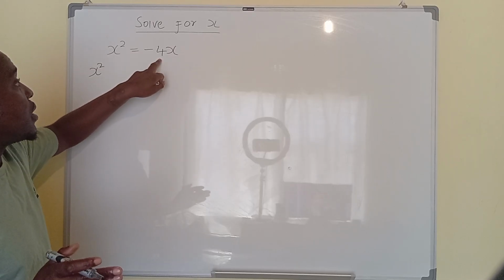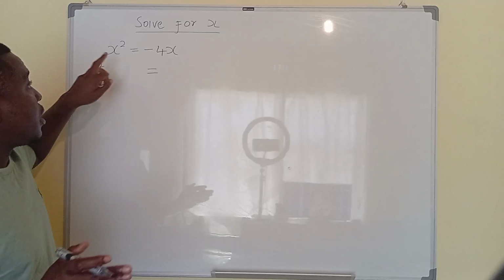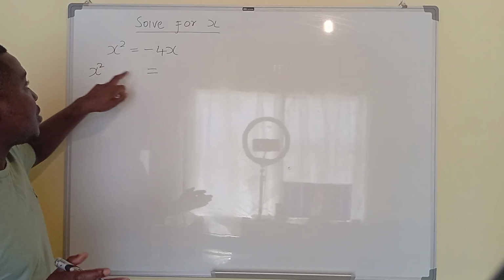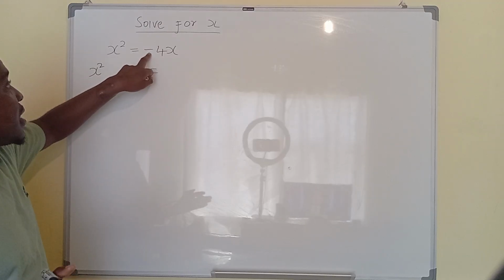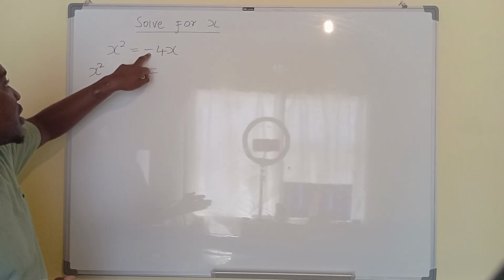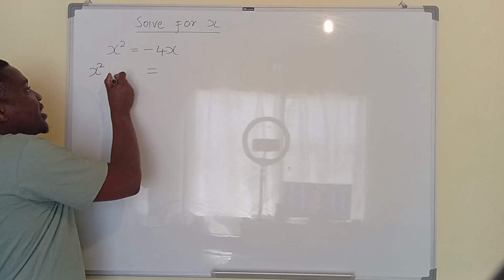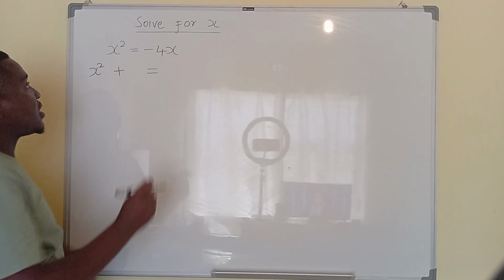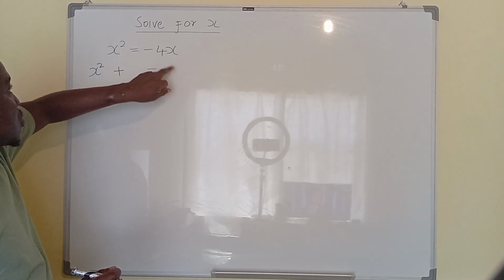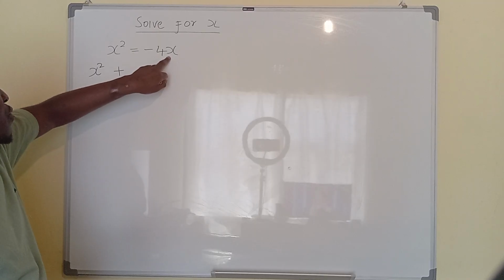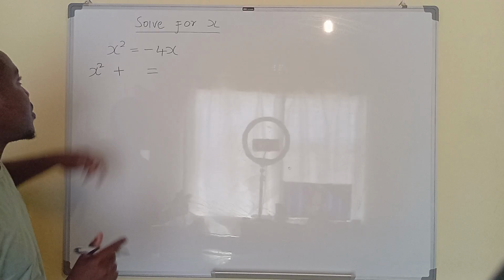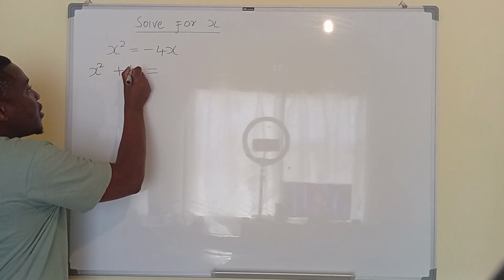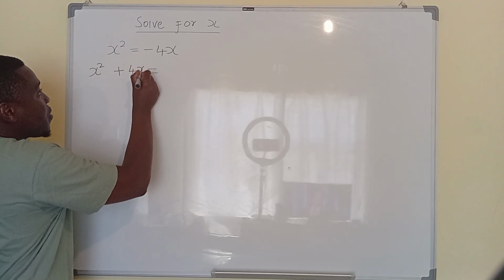So we want to take it over to the left hand side. Since it is negative on the right side, the negative is going to turn into positive because we are taking the minus 4x to the left side. So it's going to be positive 4x.